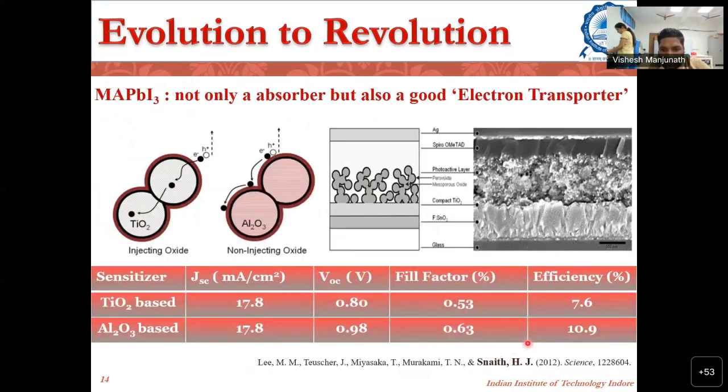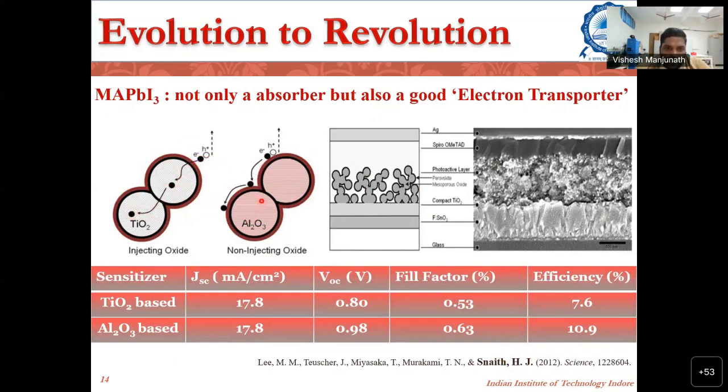Then another big name in perovskite solar cells, Henry J. Snaith. What did he do? Why use only TiO2? Can we try with insulating Al2O3? From this paper, they noticed that when TiO2 dissociates the electron-hole pair, the electron passes through the TiO2.